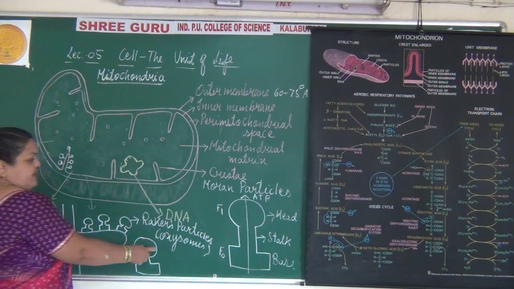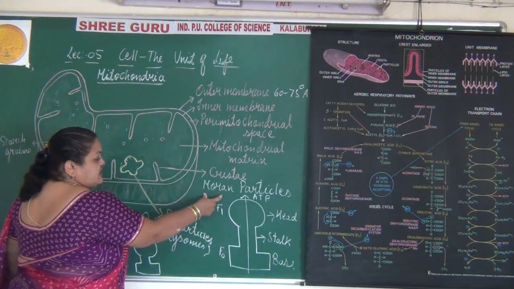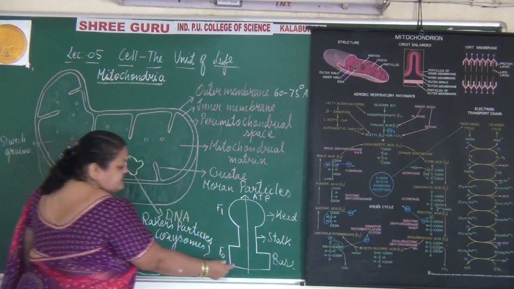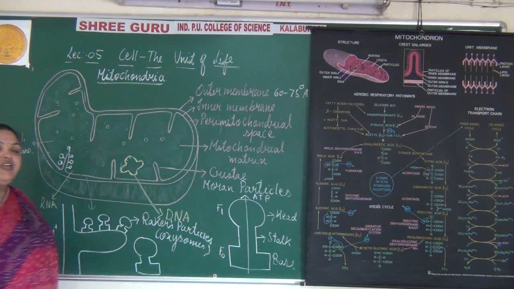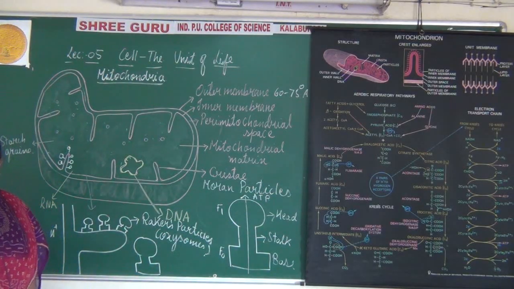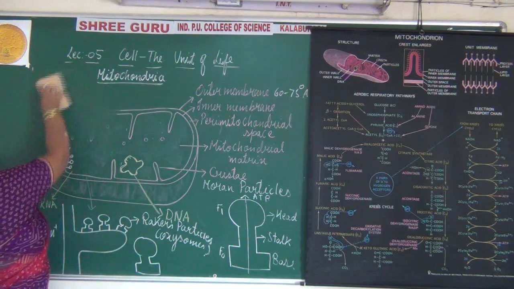These oxysomes have a base, stalk and head, mainly involved in the synthesis of ATP molecules. Coming to the functions of the mitochondria. What are the functions of the mitochondria?